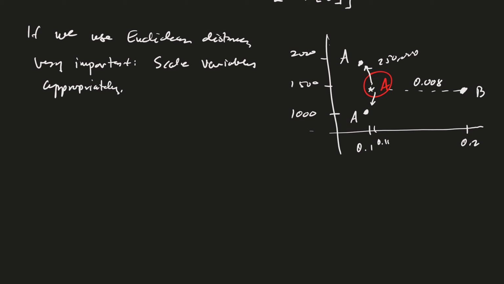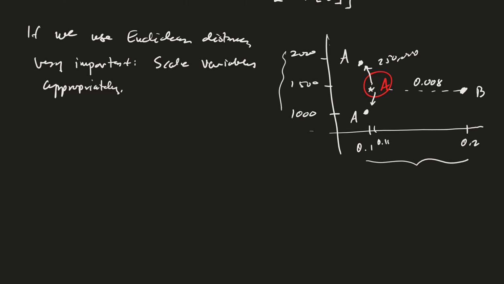Right, because what ends up happening is that you're just measuring the y. In this case, you're not measuring the x-axis at all because the scaling is so bad. You're just on the scale of 1/10 on this side, but you're on the scale of thousands on this side, and so the algorithm is just going to focus on the distance in the y-axis and just completely ignore your x-axis altogether.